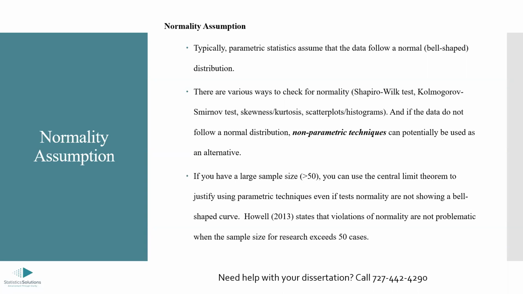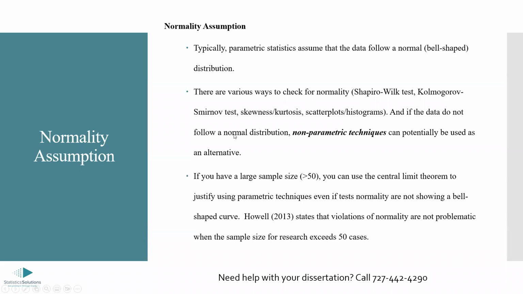So it's important, I would say, to check with your committee, because your committee is going to have a preference for what way to check for normality. There are numerous ways you can do it. The most common I see are Shapiro-Wilk and Kolmogorov-Smirnov tests, but you can also look at skewness and kurtosis, and you can visually look at normality with scatter plots or histograms.